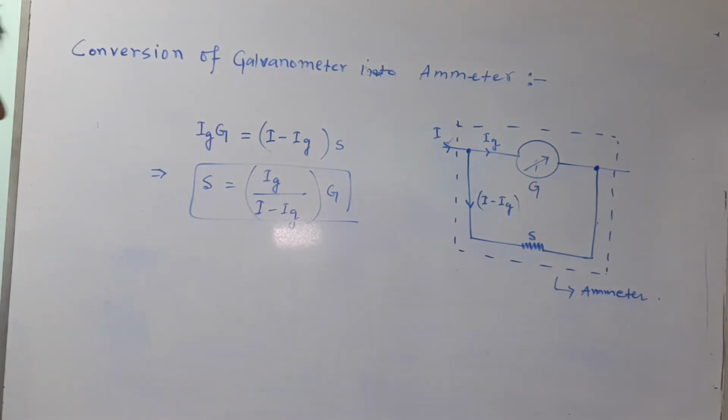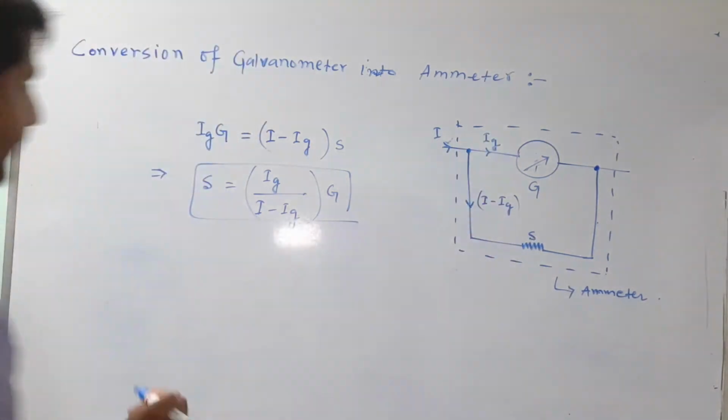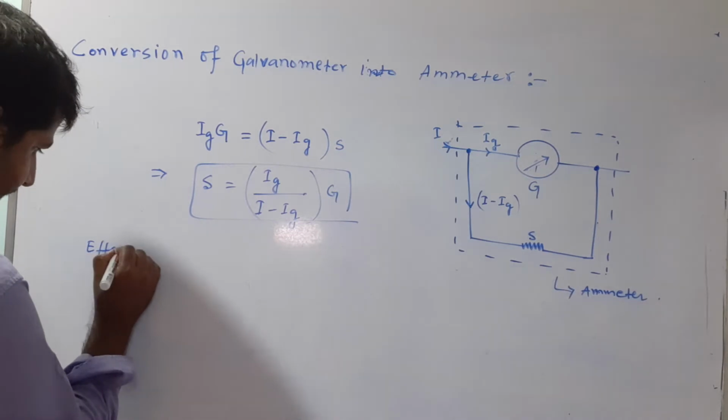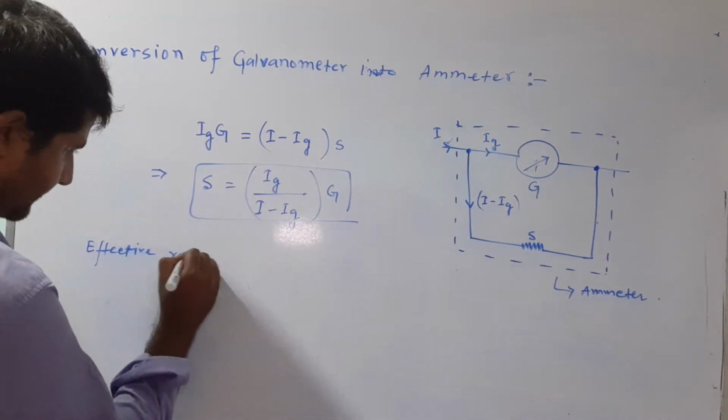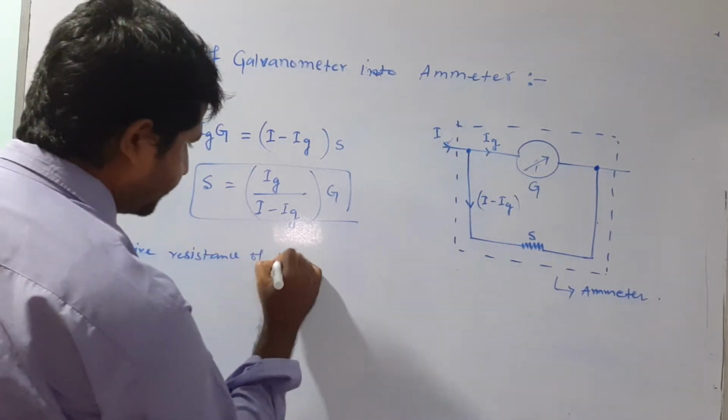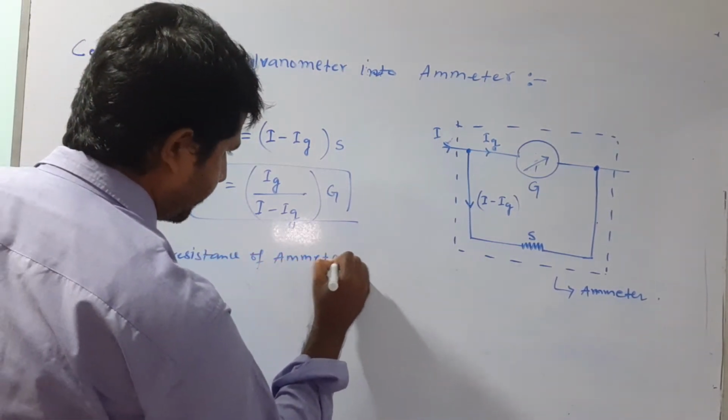Now what is the effective resistance of the ammeter?